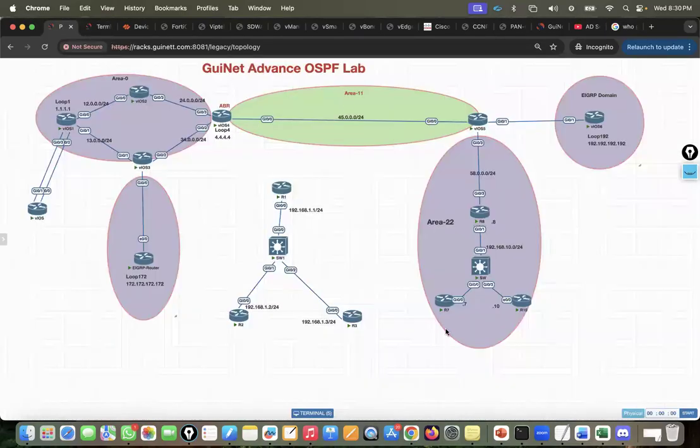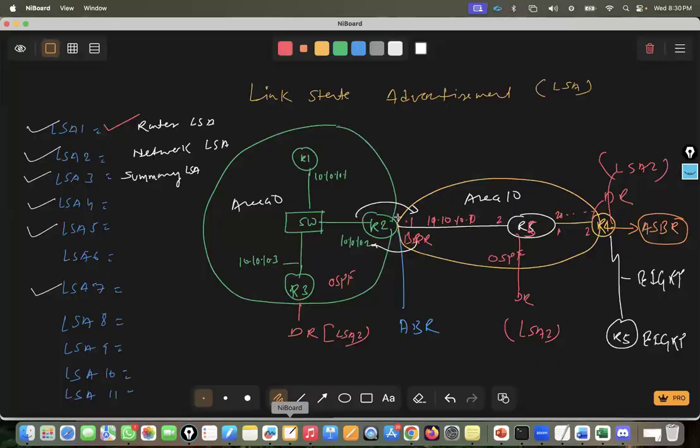So what happened? Let's suppose in this topology, if this router wants to know who is my ASBR, where this EIGRP route is coming from, this information is going to be shared by the ABR to these routers in this scenario. And this is going to be known as the ASBR summary LSA. Clear?